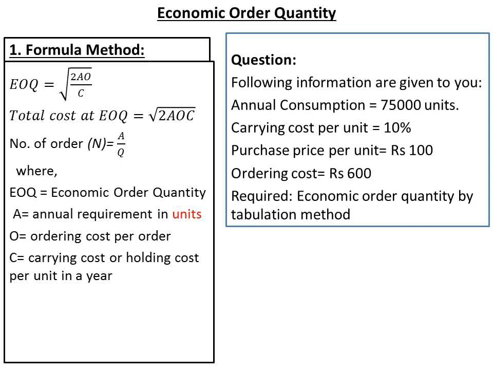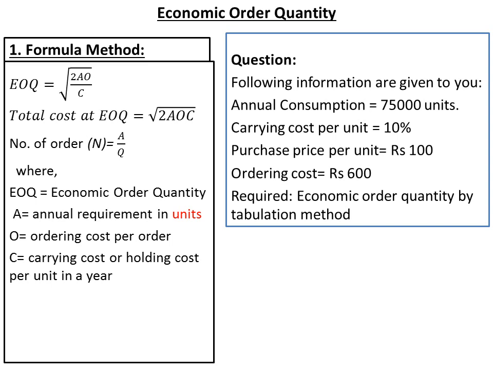And the ordering cost equals rupees 600, that is the per order value. If we place one order, then we have to pay the ordering cost of rupees 600. Required: economic order quantity by tabulation method.